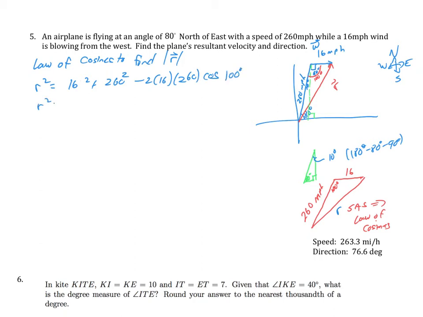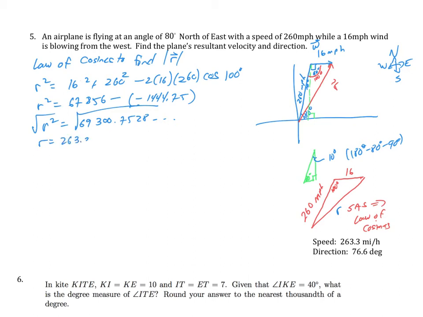I put this in my calculator before, so I encourage you to do the same. This turned out to be r squared is 67,856 minus, this was negative 1444.75, and then r squared was equal to 69,300.7528 and so on. When I took the square root of both sides, I found that r is equal to 263.25. So this is the speed.